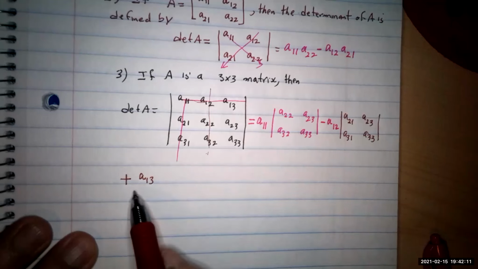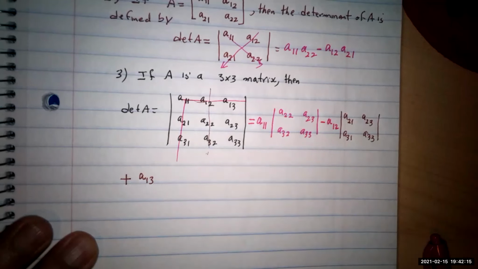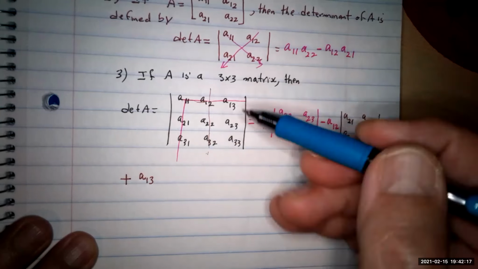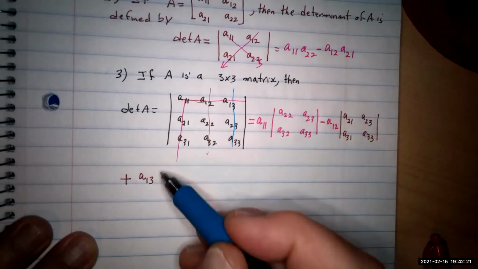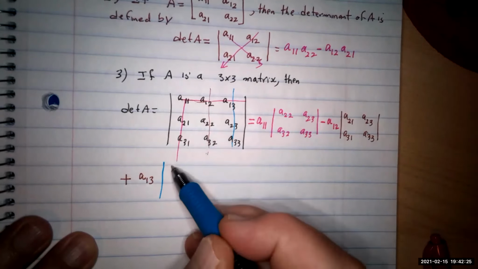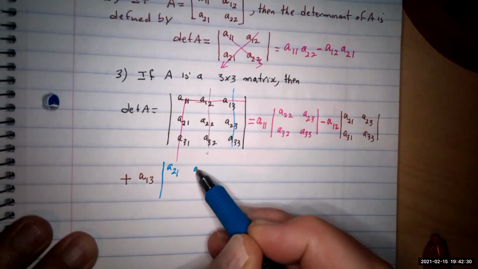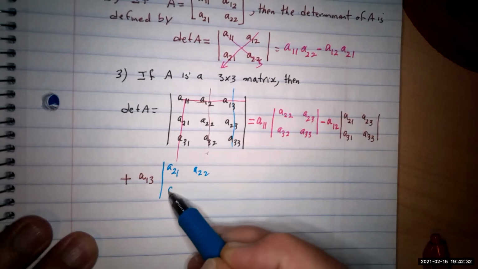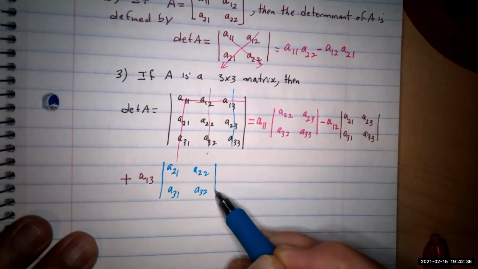A13 means you are in the first row and the third column. So this time we eliminate the first row and the third column. The leftover is going to be A21, A22, and then A31 and A32.